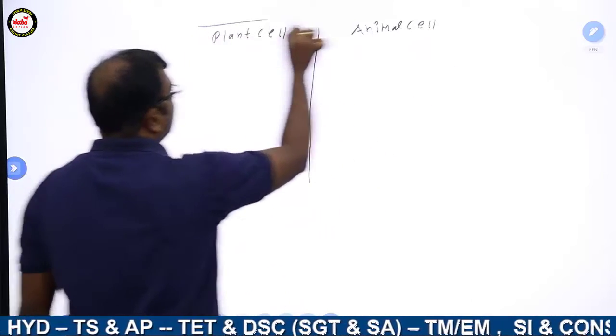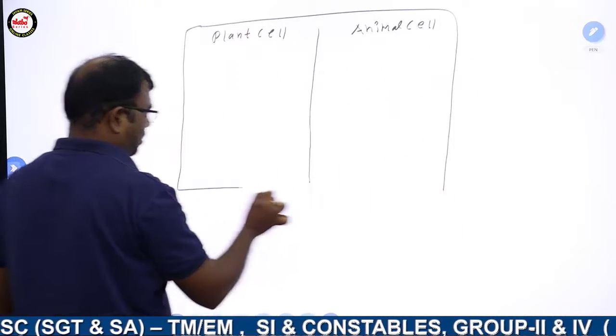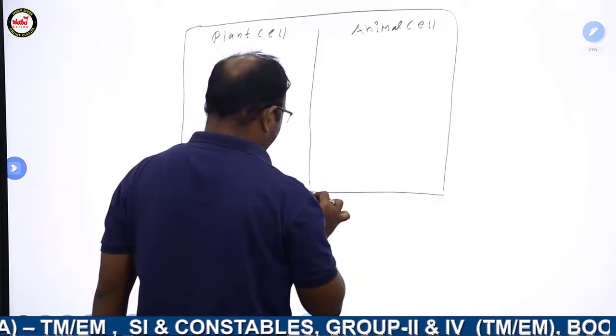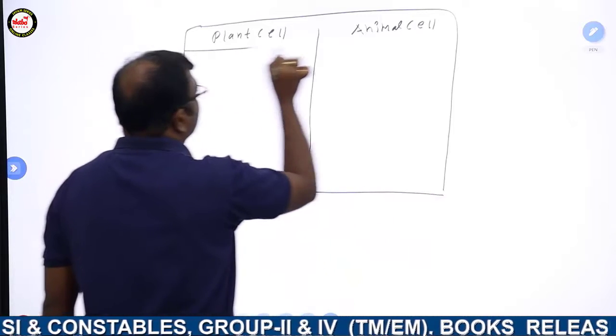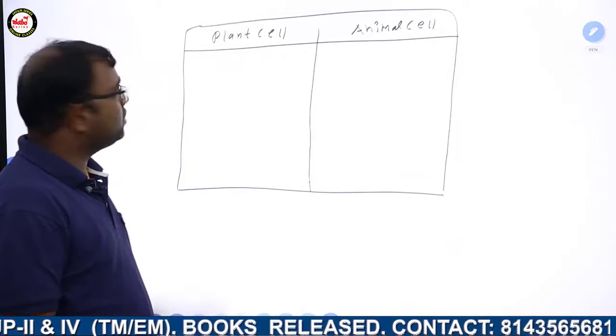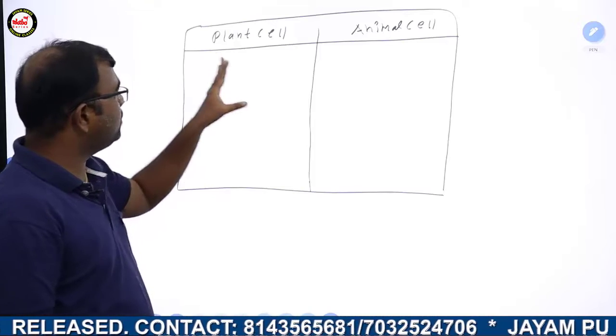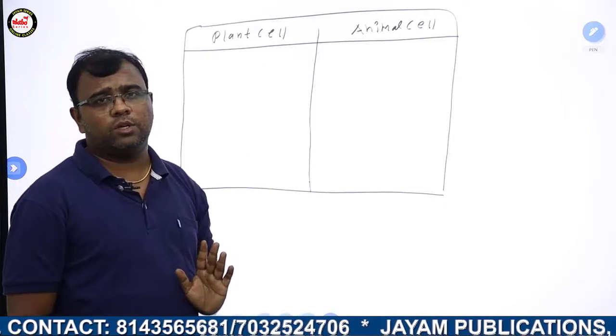This is the difference between the plant cell and animal cell.